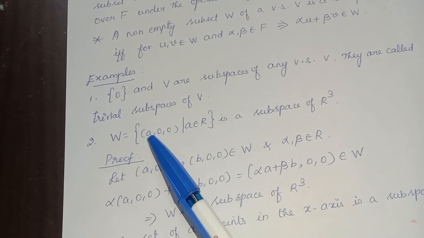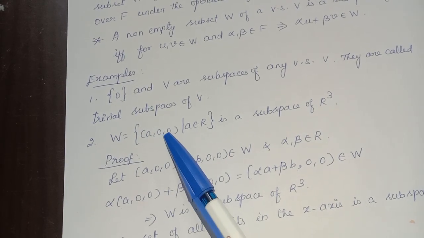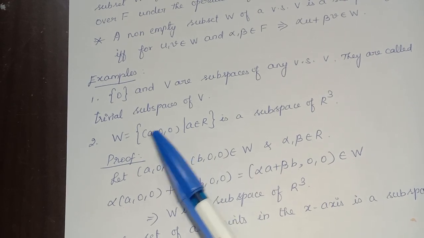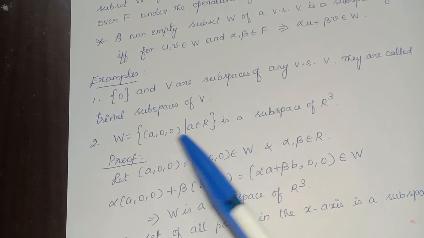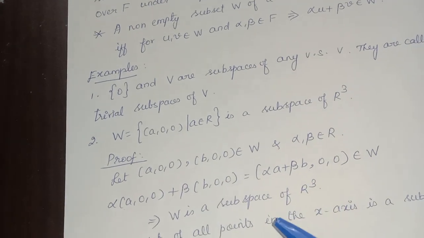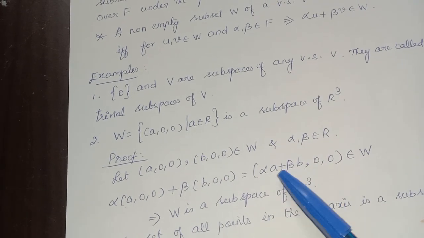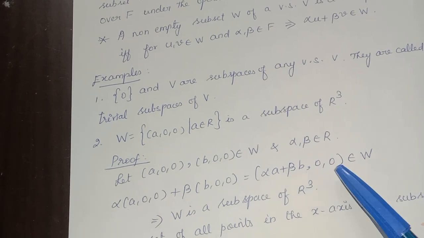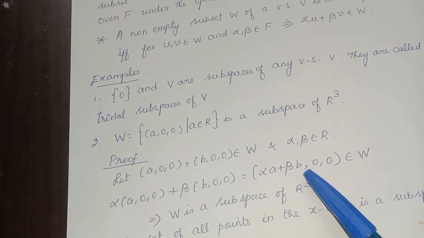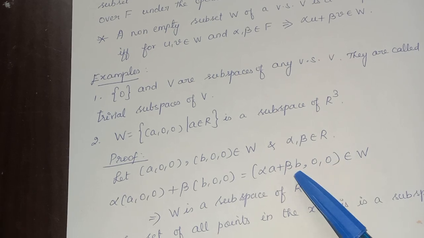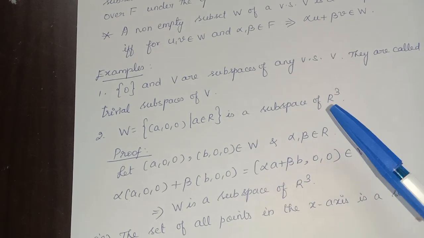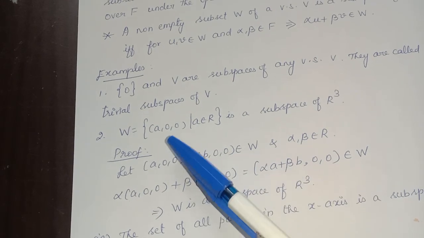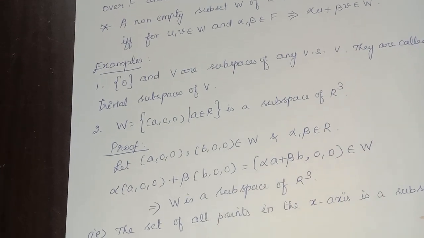The first coordinate can be any real number, and the second and third coordinates must definitely be 0. Here also the first coordinate is alpha a plus beta b, and the second and third coordinates are 0. That means this again becomes an element of W. Therefore W forms a subspace of R3. So here we considered the set of points on the x-axis.